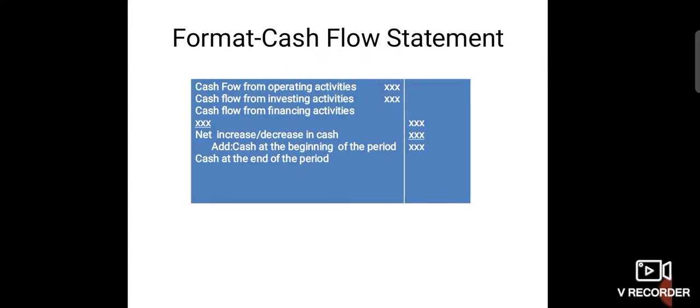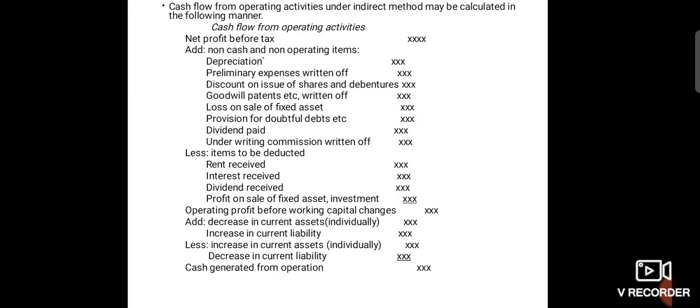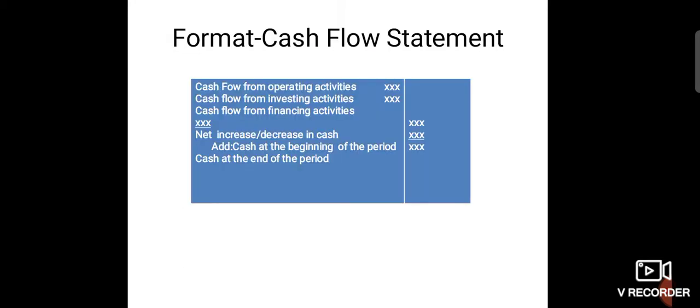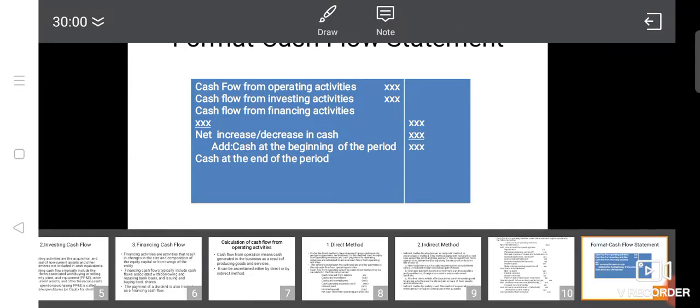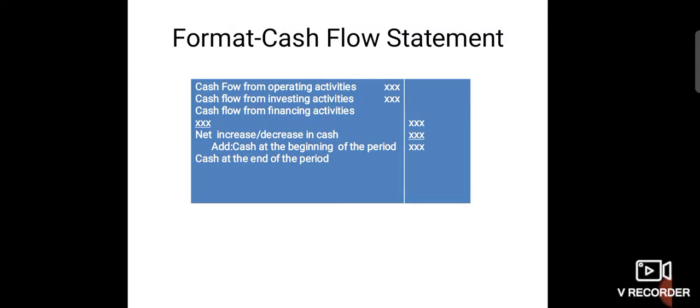In the format of the cash flow statement, first is cash flow from operating activities as per the indirect method. Then second is cash flow from investing activities. Third is cash flow from financing activities. By adding those three, we get net increase or decrease in cash, and with that we add cash at the beginning of the period, and we'll get cash at the end of the period. That's the cash flow statement.